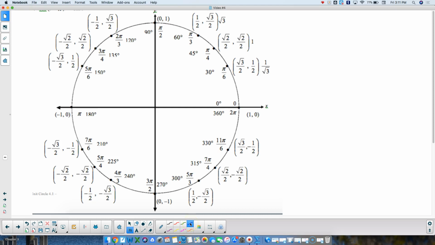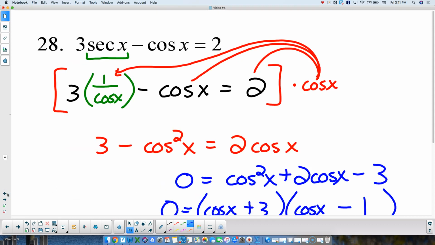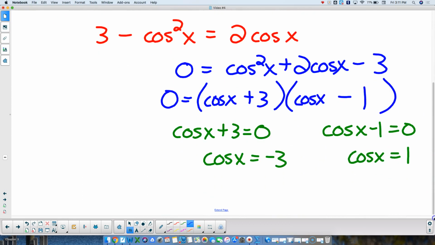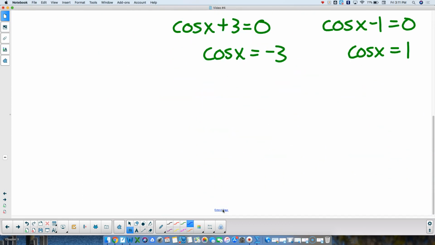However, a cosine value of 1 happens at 0 in my first lap. So this part is not possible, and this one gets me x is 0. So that's just my answer, 0.